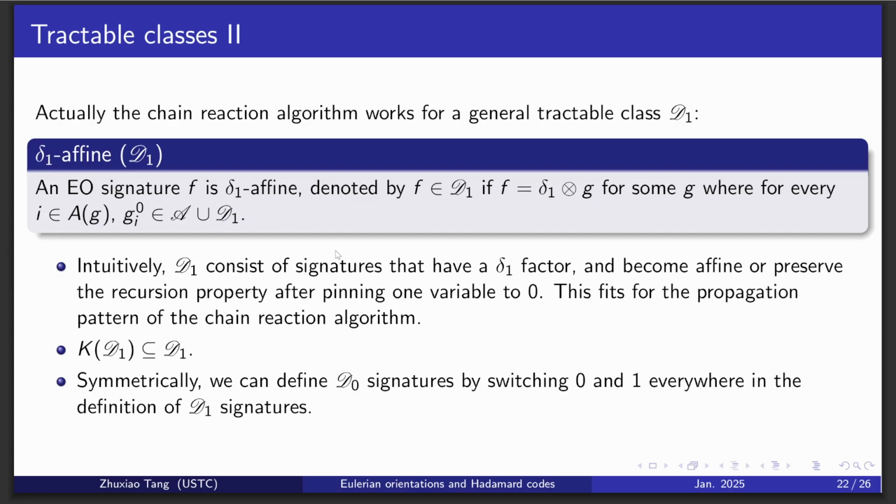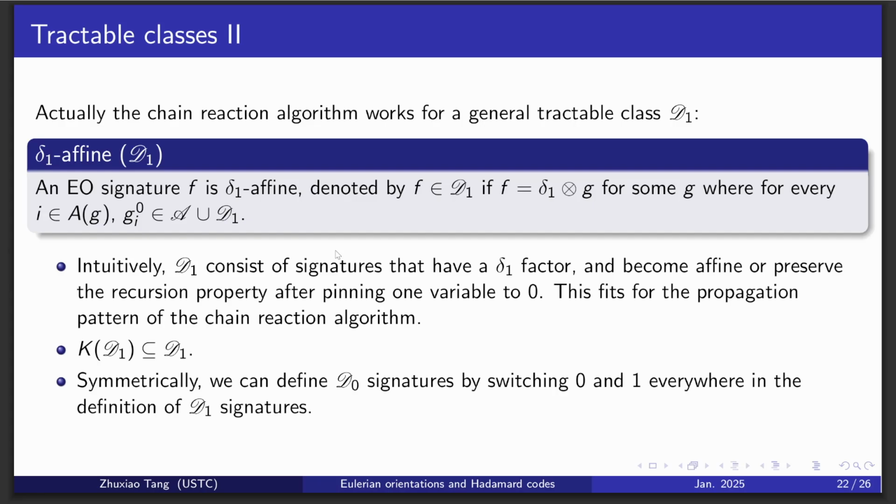Actually, the chain reaction algorithm works for general tractable classes defined by D1. And the D1 signatures also have the two properties. First, it can factor out a delta 1 factor. That corresponds to, at this vertex, there being an edge fixed to be outgoing. And after pinning 0, it will become affine. Either it will become affine, or again, I can extract a delta 1 factor and recursively do this propagation.